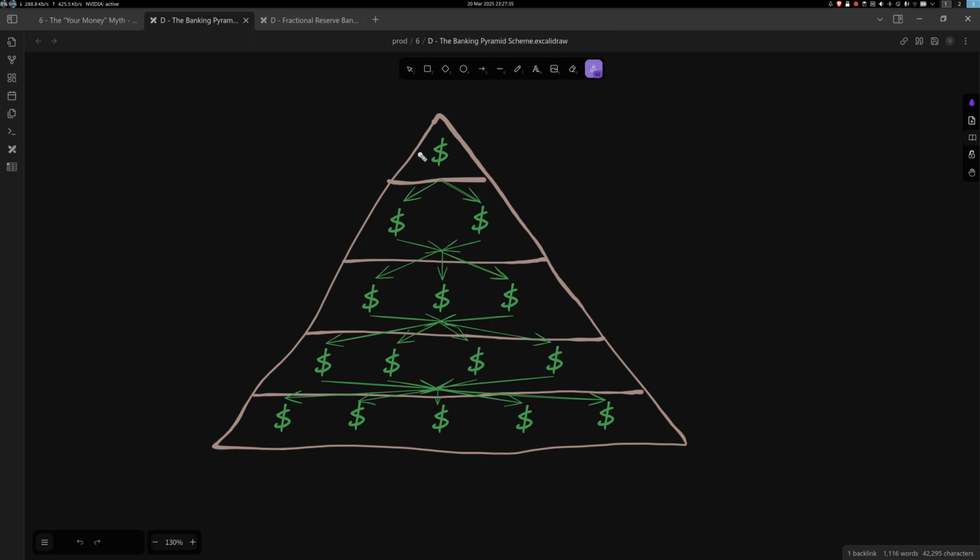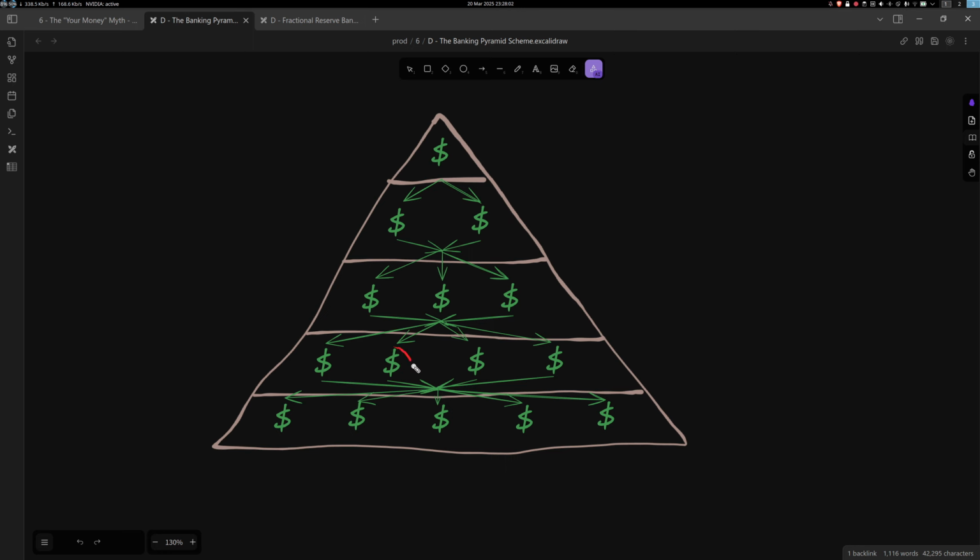As I said, banks lend out on average 90% of your money. So say this is the first bank, they lend out 90% of your money. Let's say they lend it out to another bank. This bank lends out 90% of your money to another bank, and it just keeps going down the chain and down the chain. Now what can happen here is, say that one of these banks failed.